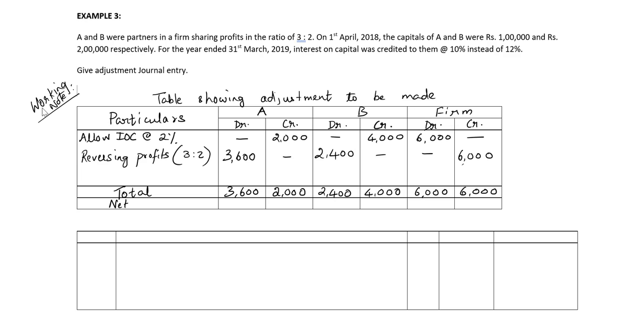Next step is to ascertain the net effect. 1600 debit for A and 1600 credit for B. Let's go ahead with the solution.